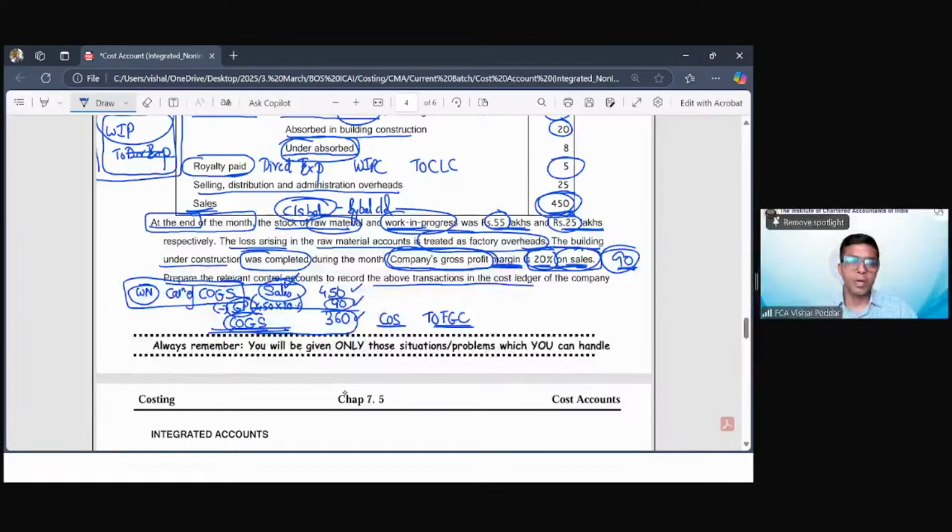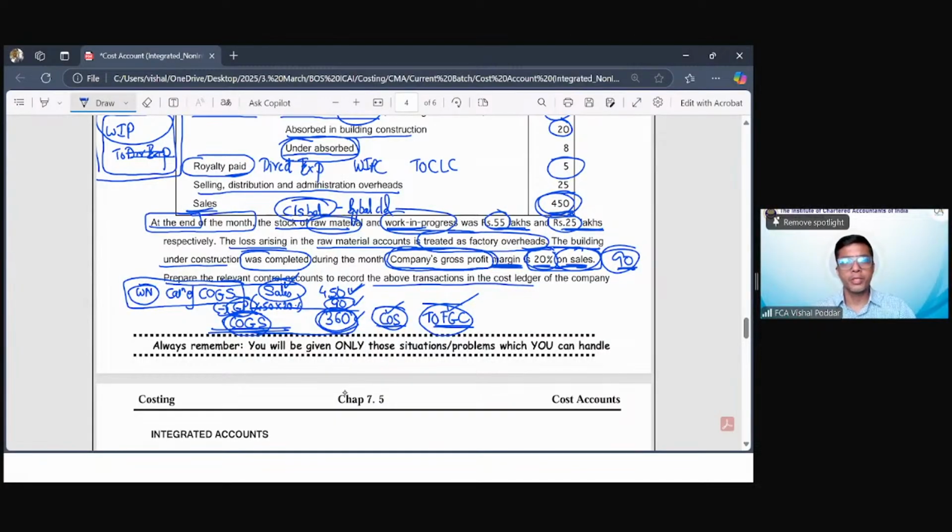So by reducing this 90 from the sales value, what I got is my goods sold cost. And you would be remembering the earlier two sums that when you are given the cost of goods sold, the transaction is customer debit, your godown credit, because customer is getting these goods and your goods are going out of the godown. So Banipreet beta, this is the last entry or transaction.